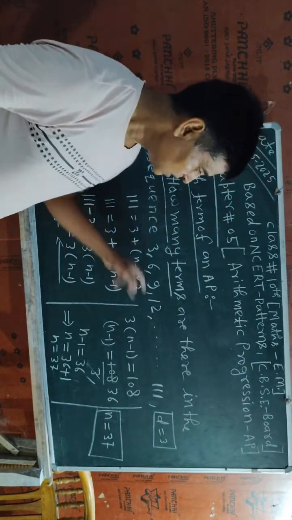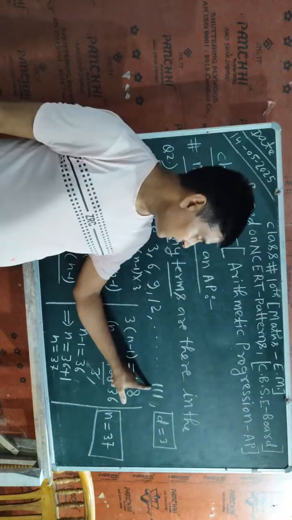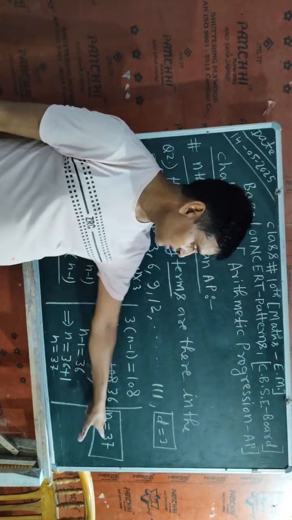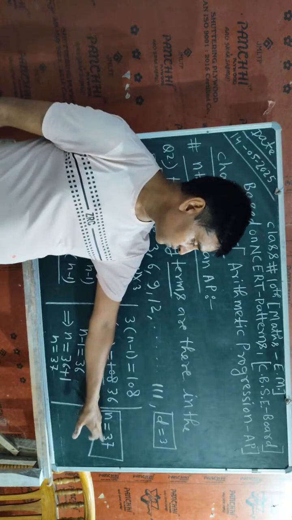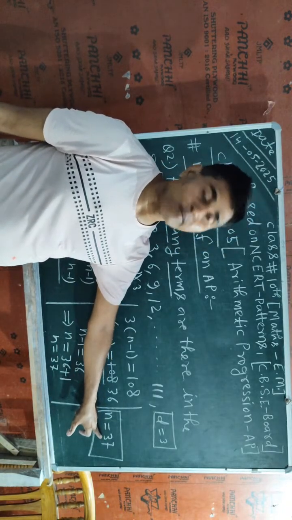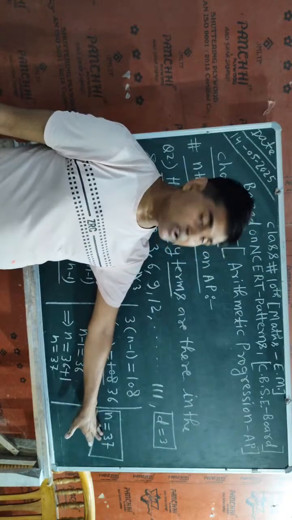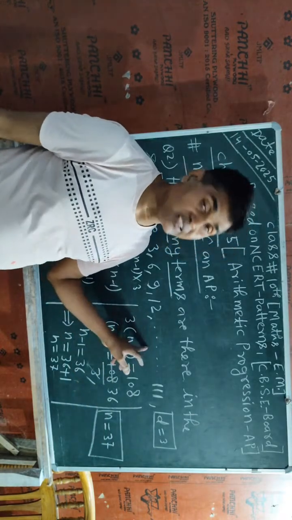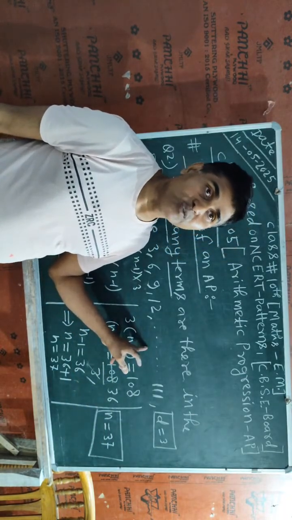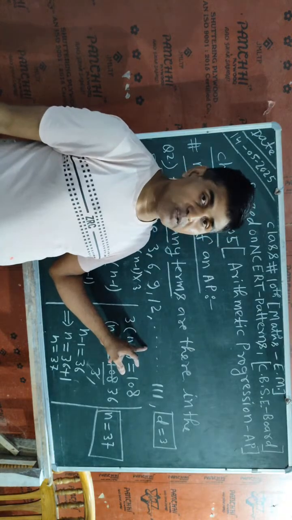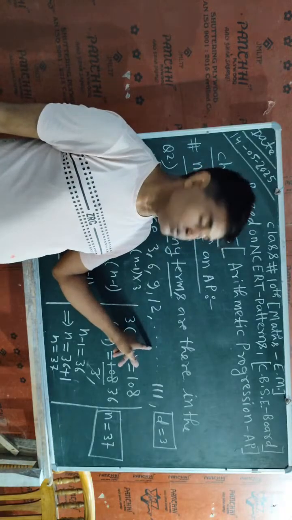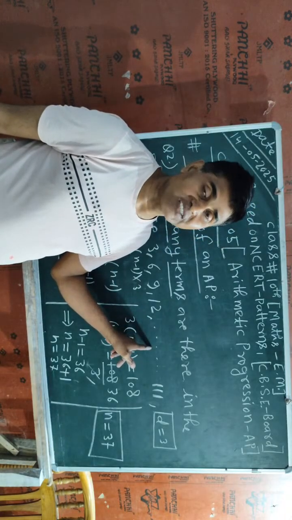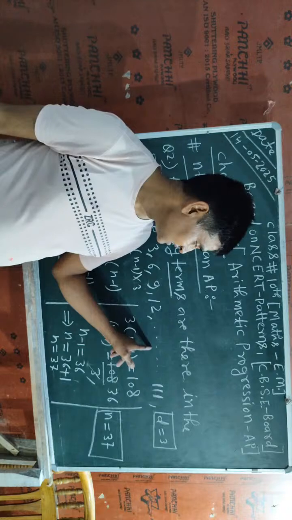From 3 to 111, there will be 37 terms. So those 37 terms I have obtained. So this is the number of terms which are available in the given sequence, and that sequence is in arithmetic progression because I have also checked this sequence is existing in arithmetic progression, that is in AP series.